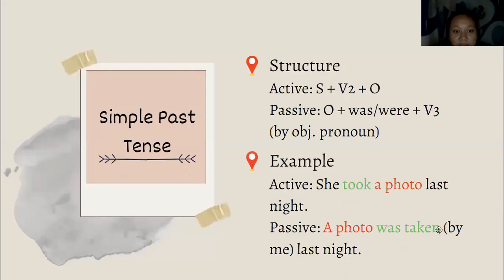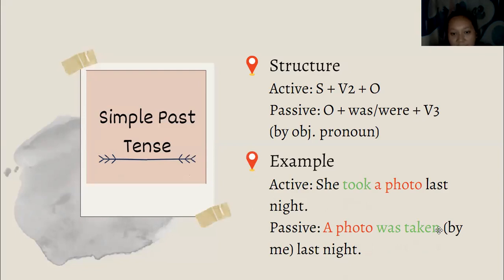And now is the passive voice of simple past tense. The structure of the active one is subject plus verb 2 plus object. And the passive one is object plus to be in past, like was and were, plus verb past participle, and not always, but it can be followed by object pronoun.